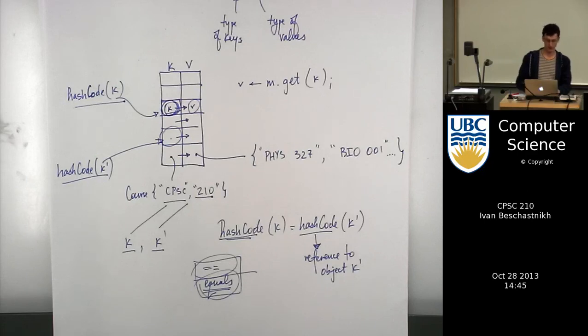And so if I run my program now, and here's the list of courses, if I ask for CPSC 210, then it'll actually fetch and print out the recommendation which matches that object. And so in order for that to work, you need the hashCode method overridden.